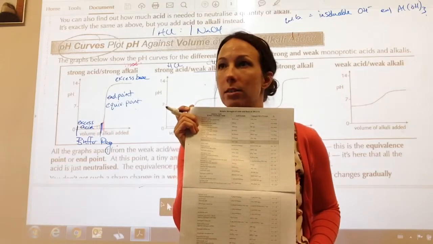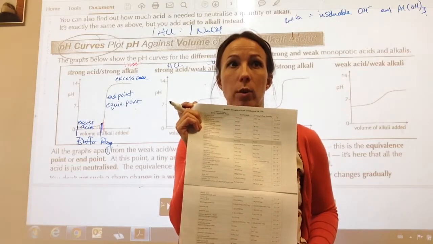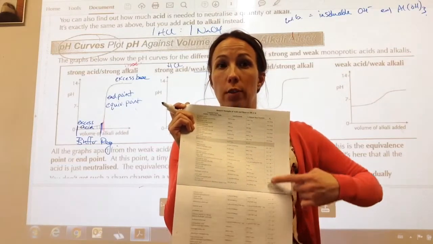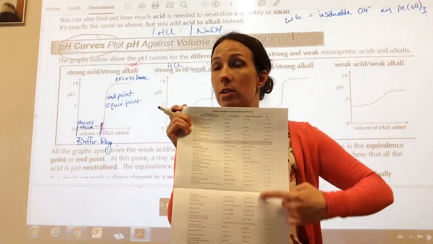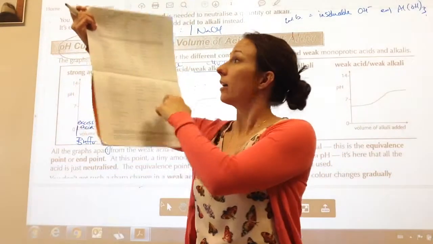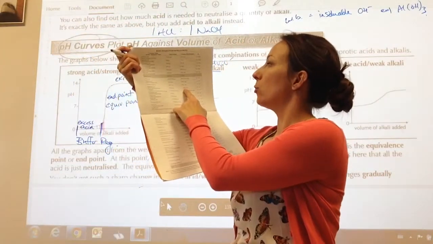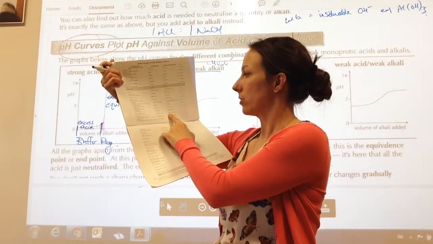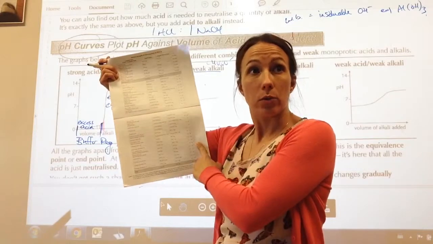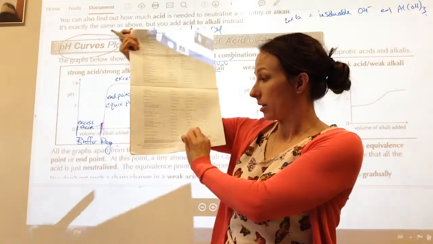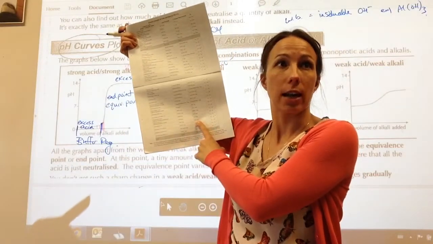That's the only strong base. The only strong bases are soluble OH minuses. All of these then are weak bases. So you can pick any of these: H2PO4 minus, F minus, NO2 minus. Any of them. Okay? Ammonia is another common weak base, NH3.